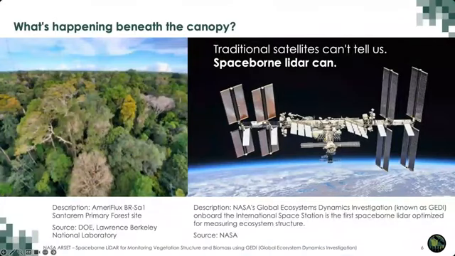One fundamental question that many of us are interested in is thinking about forest canopies and what's happening specifically beneath the canopy, which from many traditional satellites, we don't actually know because a lot of optical remote sensing instruments can tell us about, for instance, greenness of the canopy, but can't actually tell us any structural information or information about the understory.